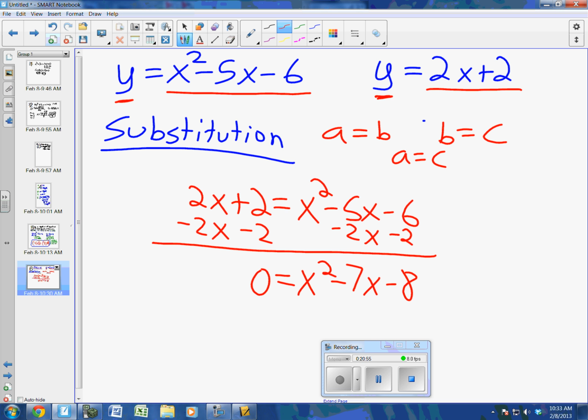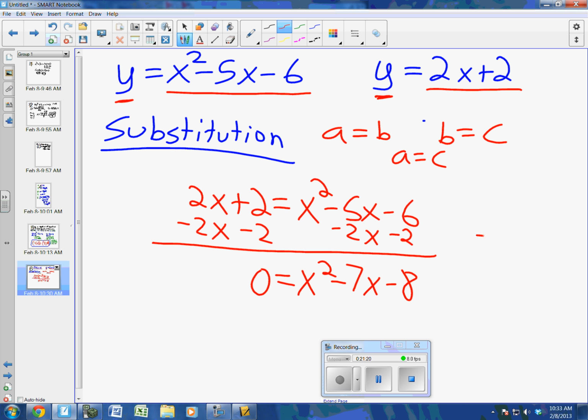Now, do you guys recognize that as quadratic? You can solve this in a couple different ways. This one's factorable. Or you can use the quadratic formula. But this one's a really easy factorable one. I want you guys to think about it. What two numbers can I times together and get negative 8 and add together and get negative 7? Negative 8, positive 1.